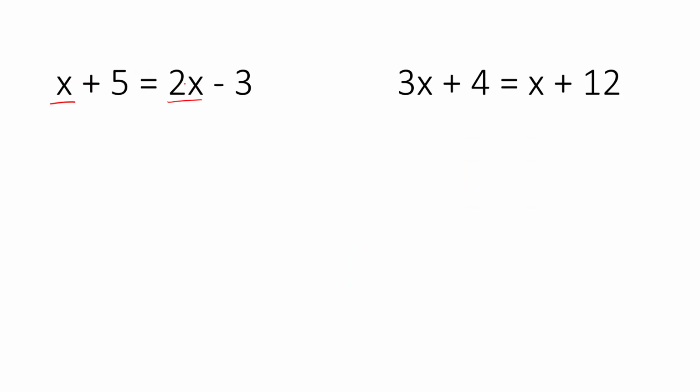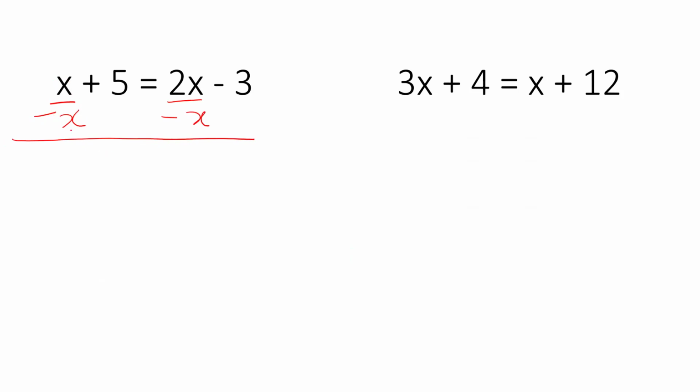The rule is that you always get rid of the x that has the lower value in front of it. So in this case, we'll take away x from both sides. Why? Because if there is no sign here, that means it's positive, so the inverse of positive is negative, which is minus. So we'll add minus x to both sides, or we'll take away x from both sides.